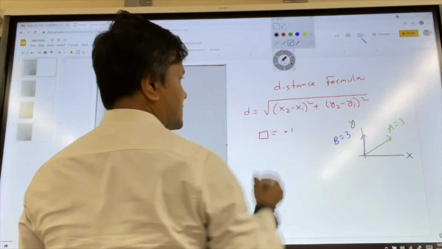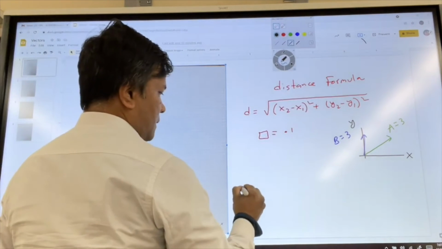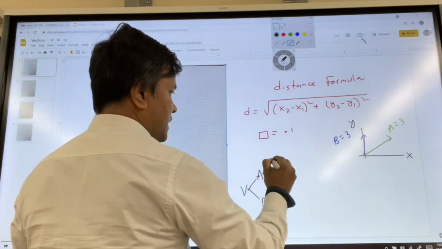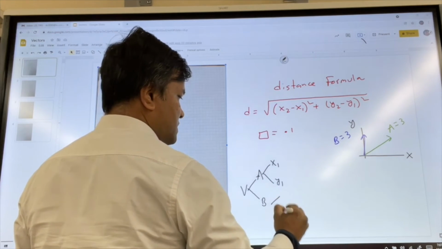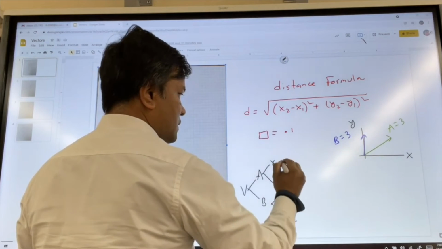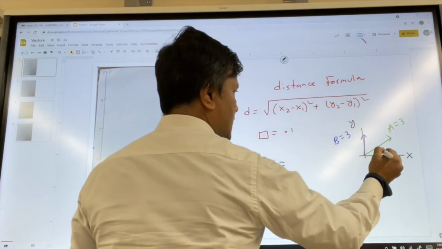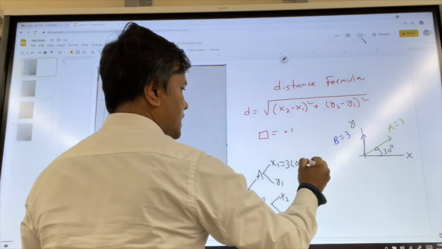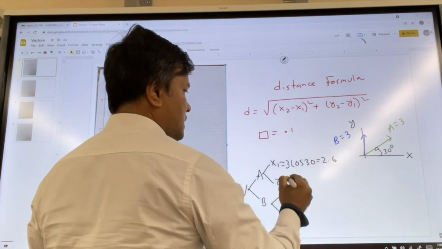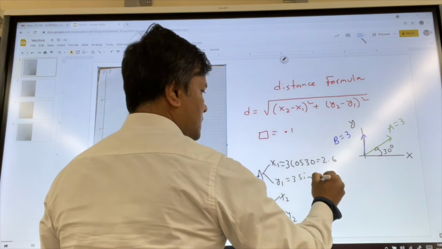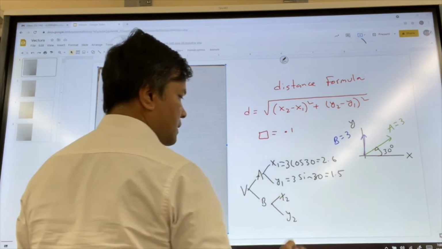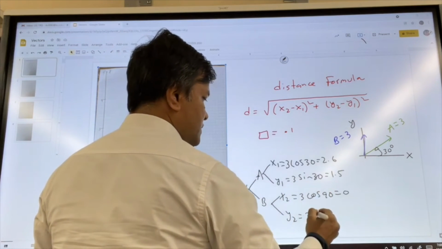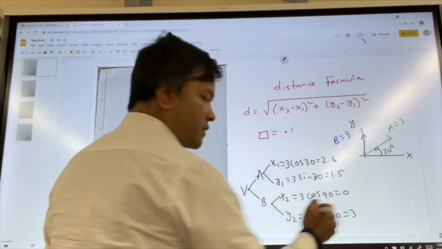Now I need the distance formula, I need x1, y1, x2, y2. So how can I get it? Quickly showing you, I have vector a and vector b. A has x1, y1, and b has x2, y2. For x1, y1, this is 30 degrees, if you still remember. So 3 cosine 30 would be 2.6. 3 sine 30 would be 1.5. 3 cosine 90 would be 0. 3 sine 90 would be 3.